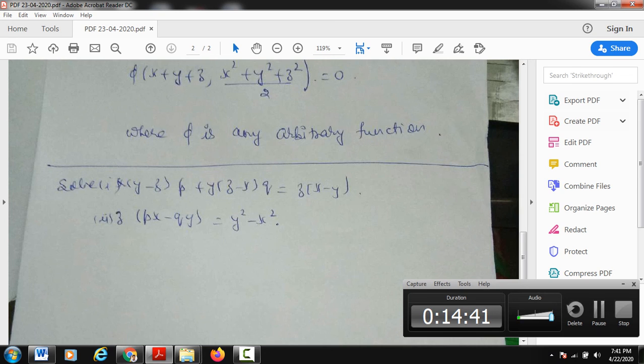Again, this equation has first order partial derivatives, p and q are not multiplied together, and they possess degree 1. So this is also a first order linear partial differential equation, known as Lagrange's linear differential equation, and you can solve it by the method I have illustrated above.